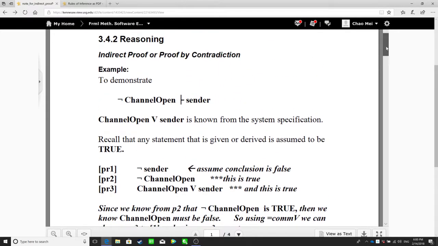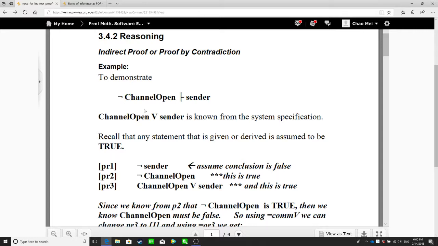Okay, so this is the thing we want to demonstrate. Negation channel will result in this sender, and channel open or sender is known from the system specification. Yeah. So what we want to do is this thing. This sender is the conclusion we want to have.